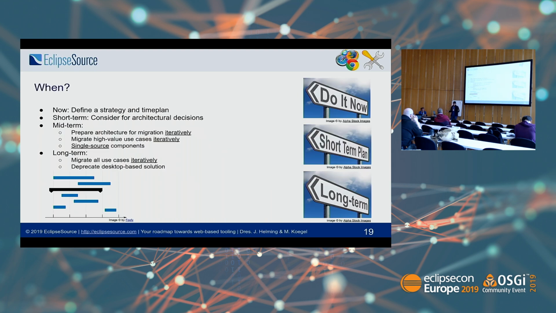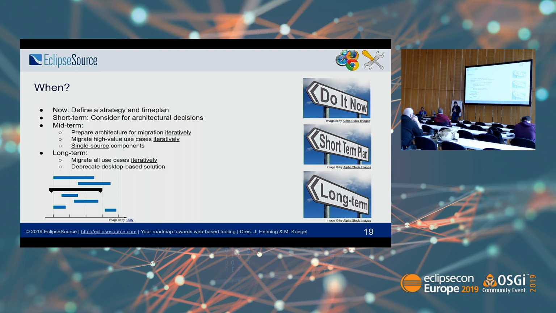Now, all these methods can be applied at different time frames. What I find important is, if you have an existing tool that you would like to migrate, to decide: do you want to migrate and when do you want to migrate, so that you know from which time perspective on you need to take certain decisions.